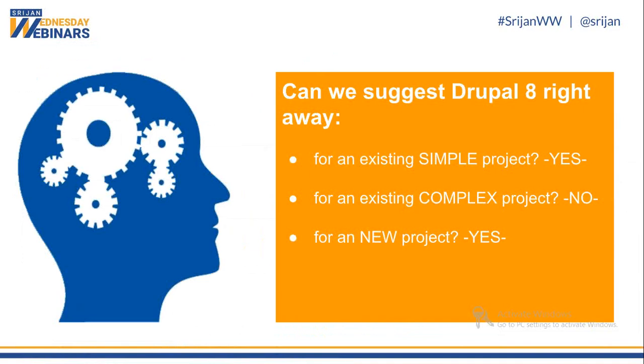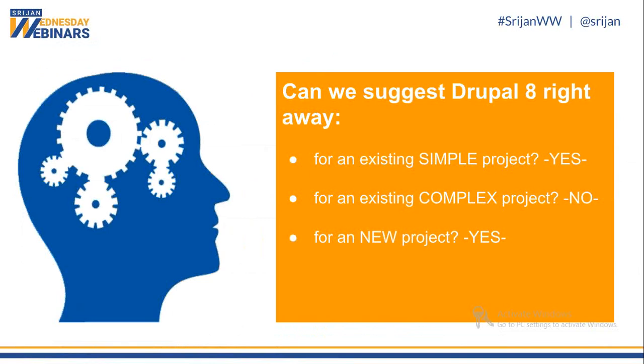So for an existing simple project, Drupal 8 migration is really helpful, and Drupal 7 content can be migrated to Drupal 8 very easily. So for an existing simple project, yes, we can suggest Drupal 8 right away.